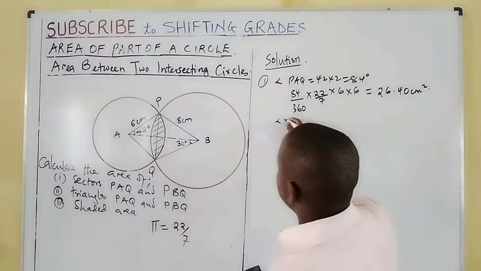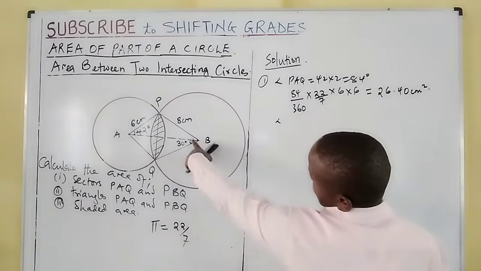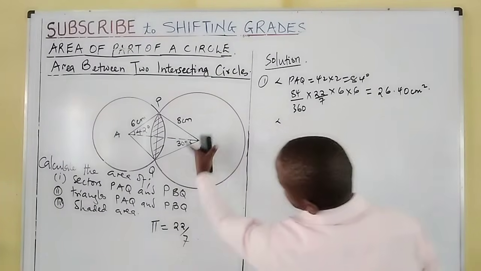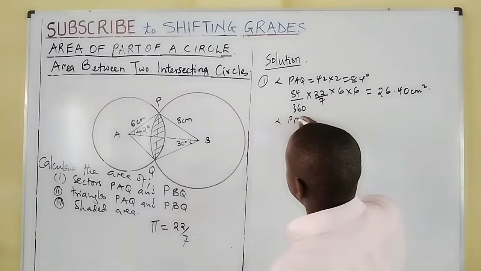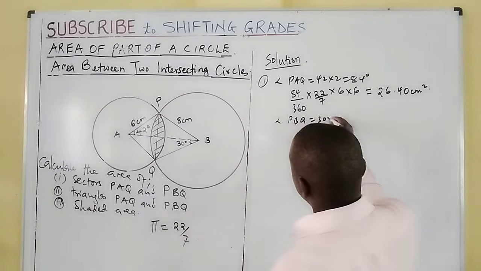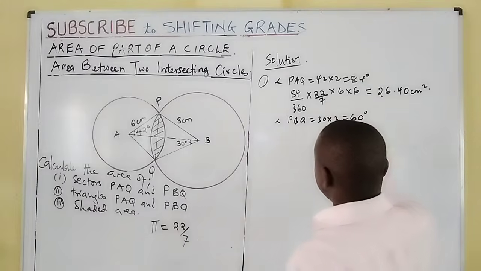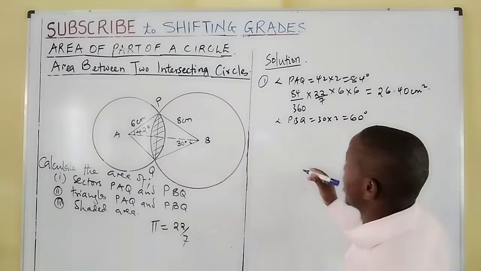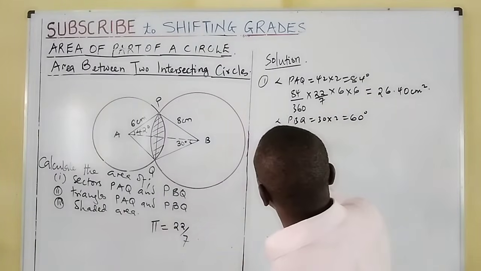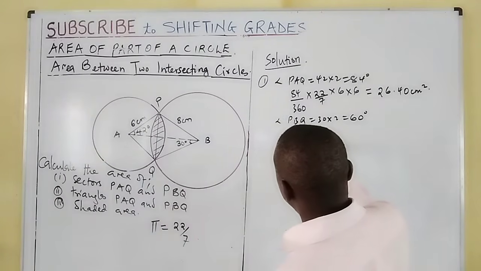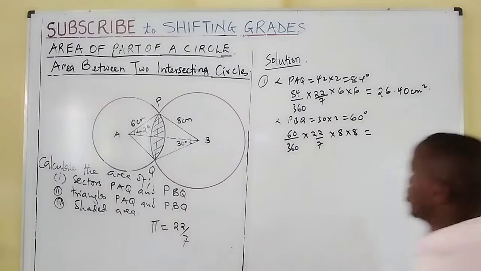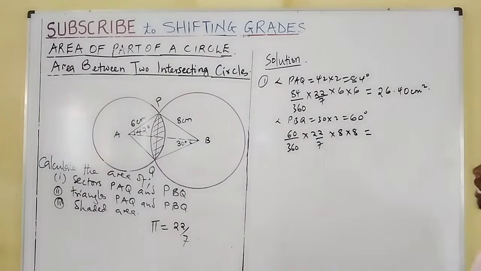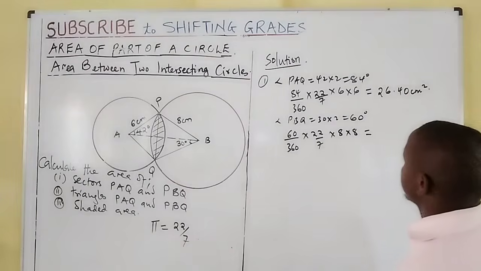In the next one, the angle at PBQ will be 30 times 2, giving us 60 degrees. Therefore, now we shall use 60 degrees divided by 360 multiplied by pi r squared, so 8 times 8. This will give us the area of the sector PBQ.